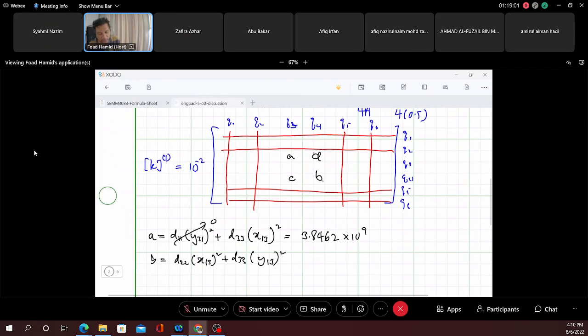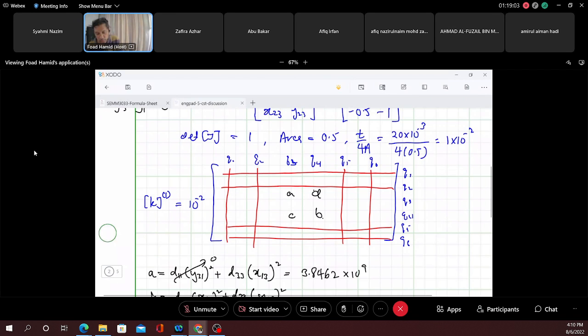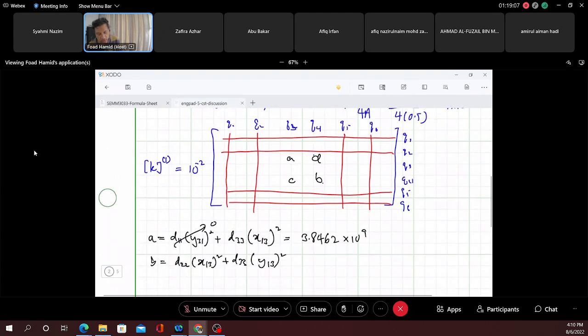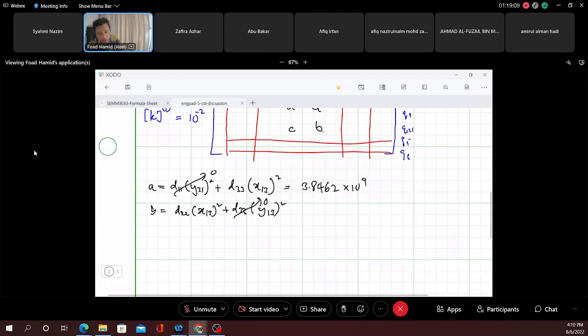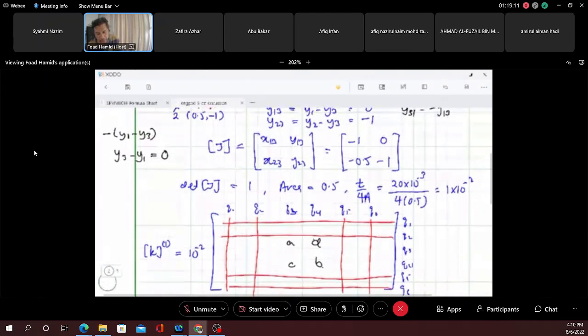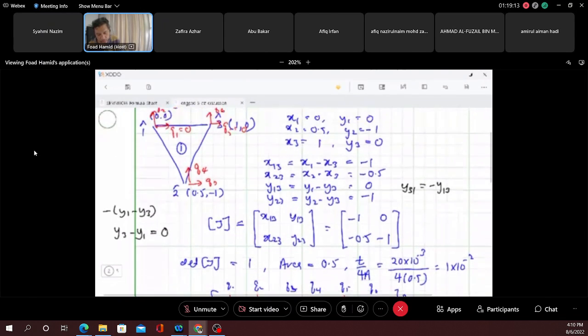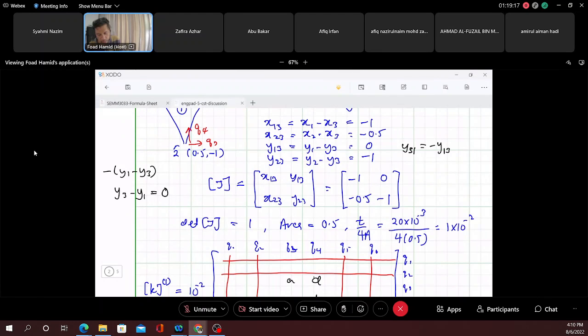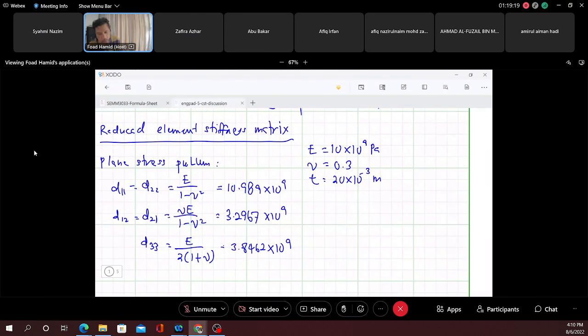Note that Y13 is known to be 0, so any number times 0 is 0, and D22 is this number. Where is D22? Oh, D22 is this side. So this is D22, which is 10.989.